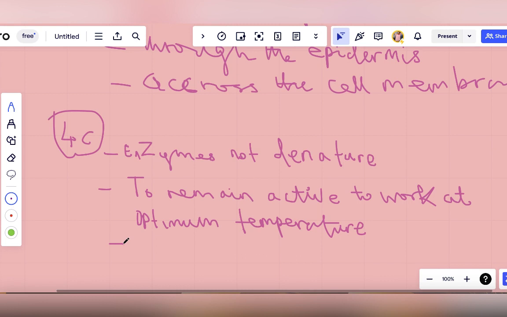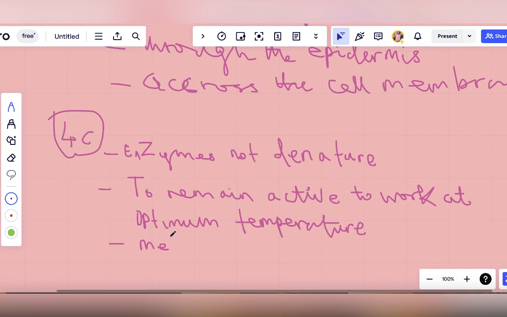Another thing we can also say, how many marks? It depends on the number of marks. 4 marks. Okay. Another thing we can also say is we have to maintain the temperature so that the metabolic reactions in our body will be at a constant level. Okay, so a point on body metabolism.